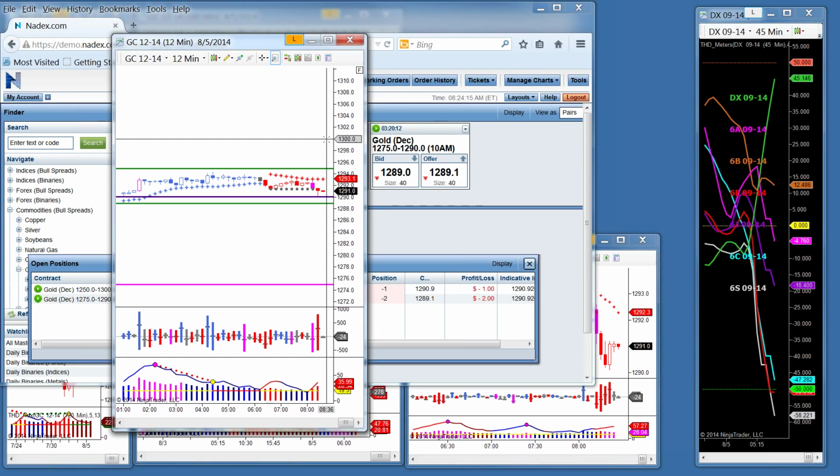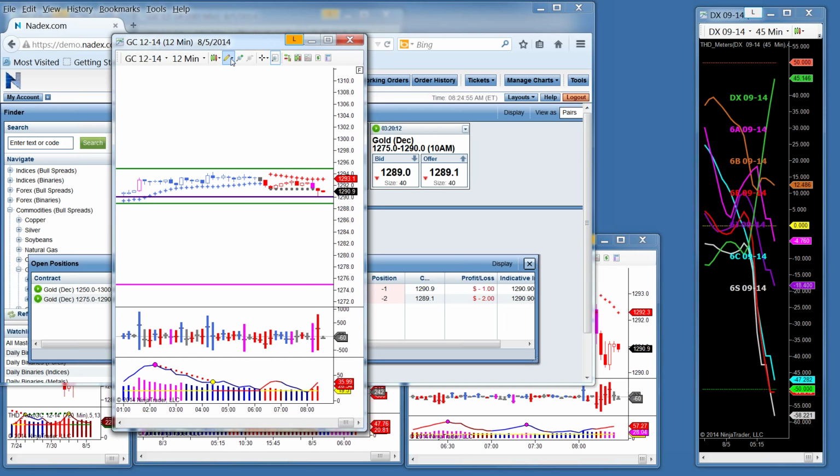Your risk is limited to where you entered at 1289.2 to this purple line. Do you understand that? And remember, it was $10. It told us that on entry. That is the most that you would possibly lose, even if this goes up to 1300. Does everybody understand that?